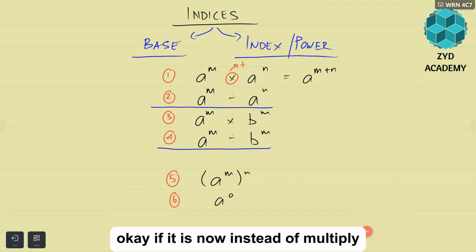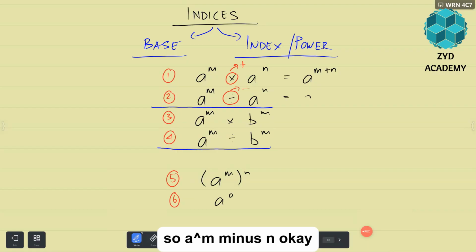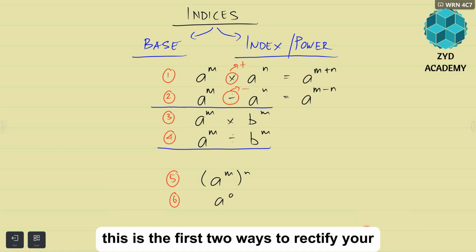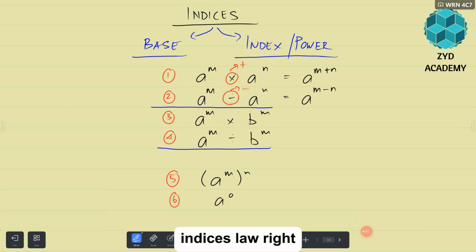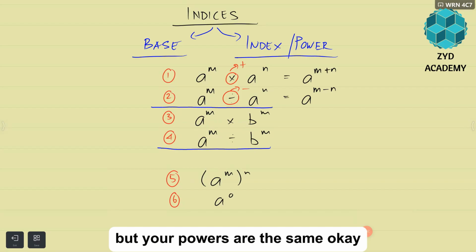If it is now, instead of multiply, you need to divide, it translates to a subtract, meaning a to the power of m minus n. So these are the first two ways to rectify your indices law, right? Next one, this time now, the bases are different, but your powers are the same.